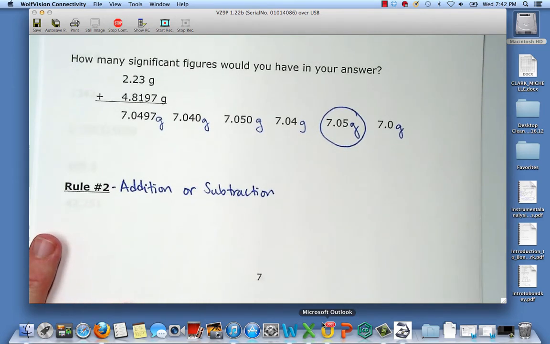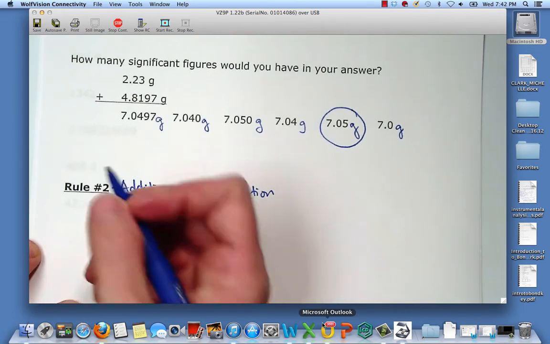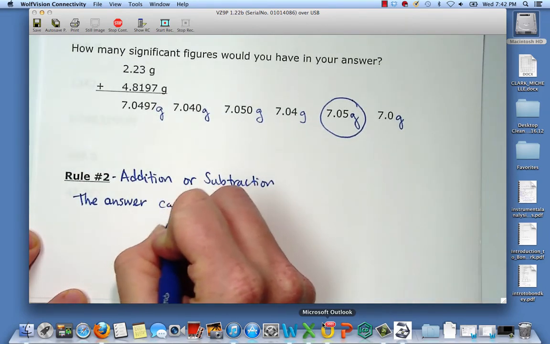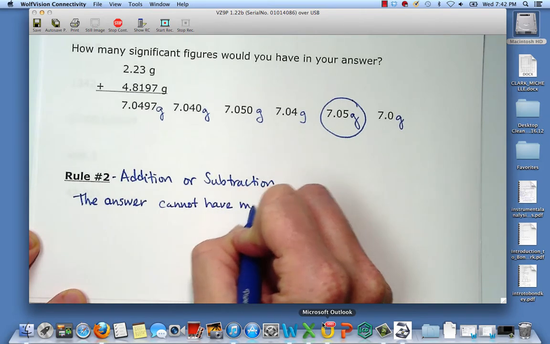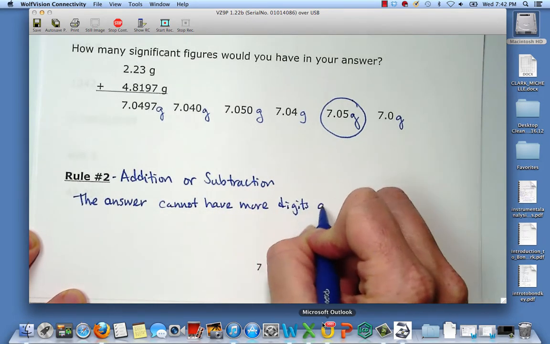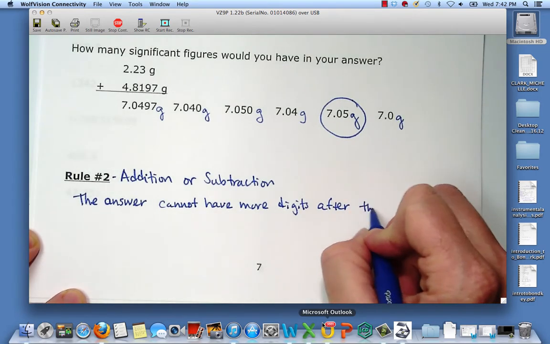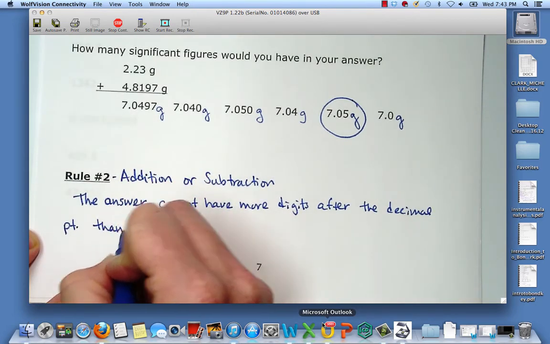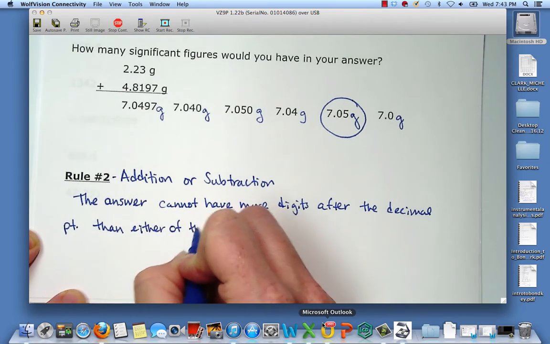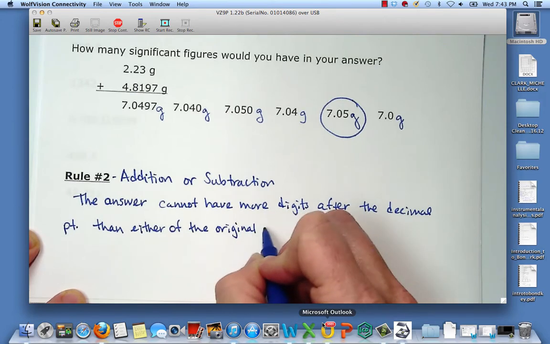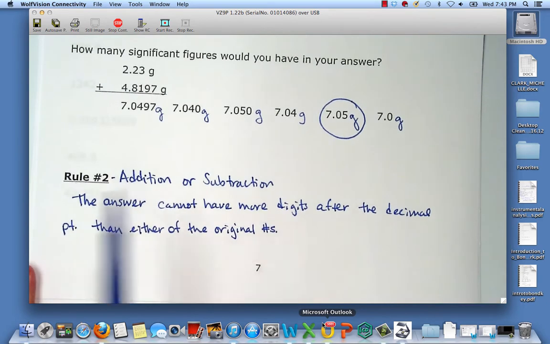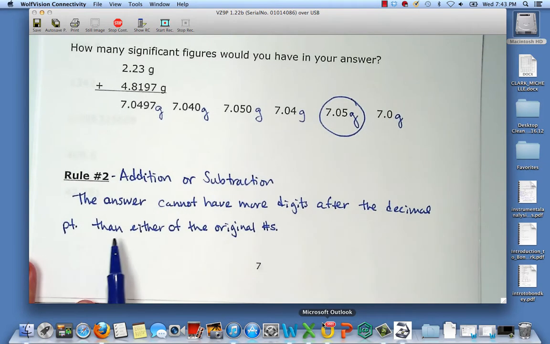The rule is the answer cannot have more digits after the decimal point than either of the original numbers.